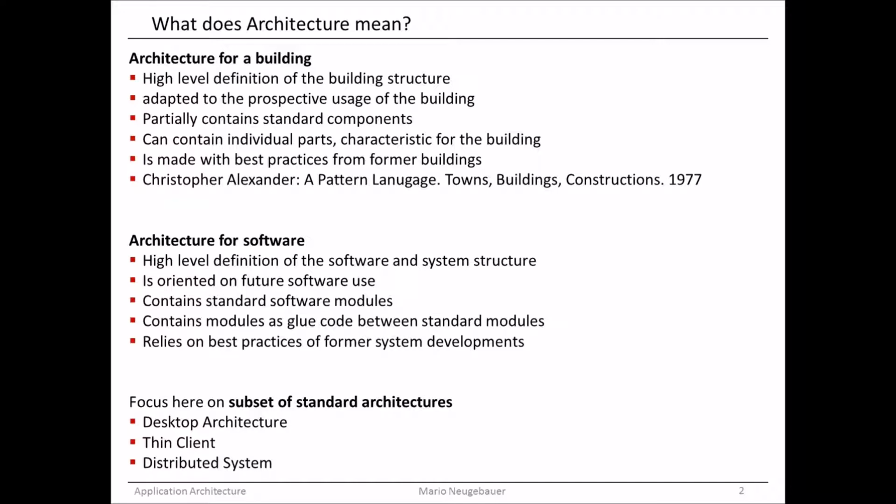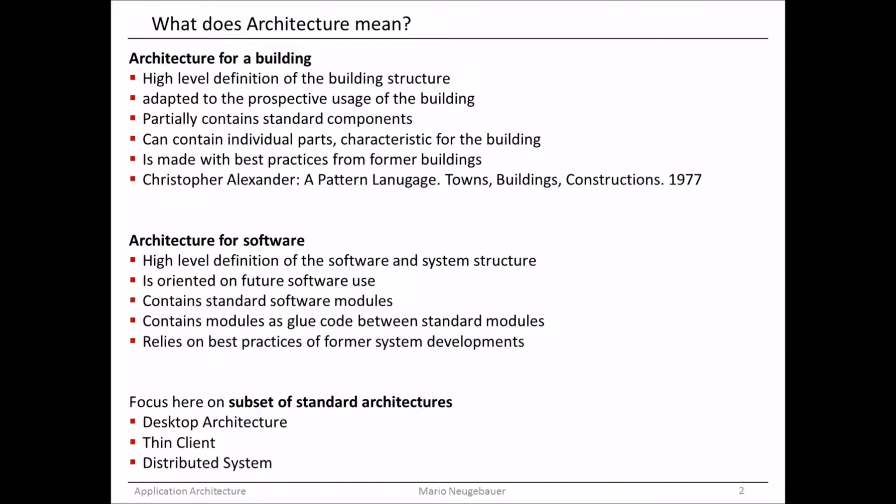An architect probably will never build a building structure from scratch. Of course, he has experience. Of course, he has some maybe building blocks in mind. And then these building blocks are, so to say, standard components which the architect usually uses in the building architecture. And then the building architecture partially contains standard components.